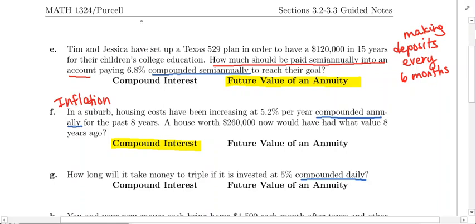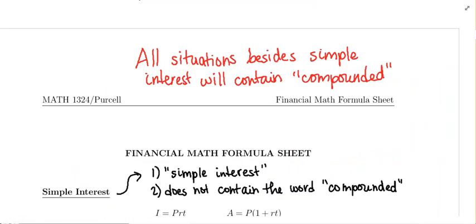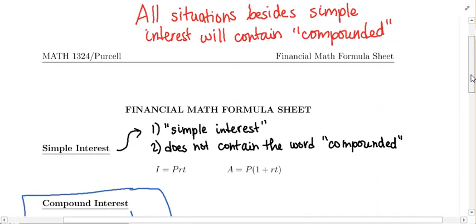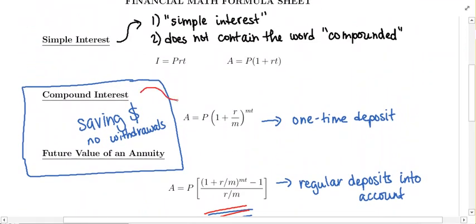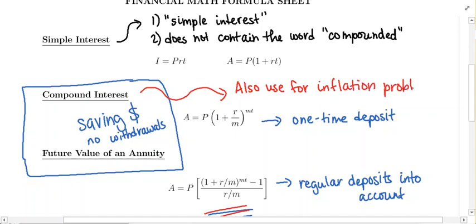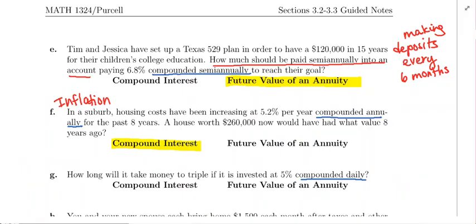So I'm actually going to take a second here to go to the formula sheet, and I'm going to make a note on here that compound interest you can also use for inflation problems. All right, so hopefully that makes sense to you. And like I said, we will work through this problem a little later.